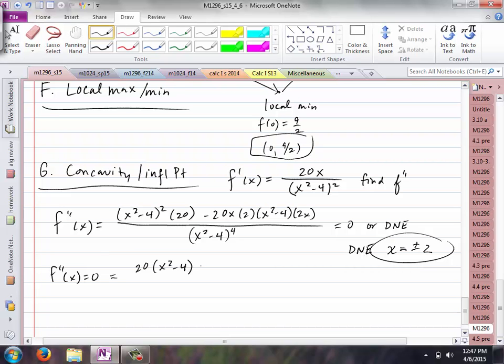Okay, that's kind of a bonus. So what's left? We have a factor of x squared minus 4 from the first part. In the second part, we took out the 20, but we got a 4. So this is minus parentheses 4x squared. It turns out I didn't need those parentheses, but since I screwed it up last time, I was being careful.